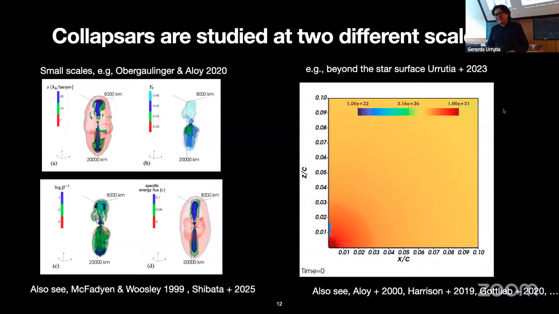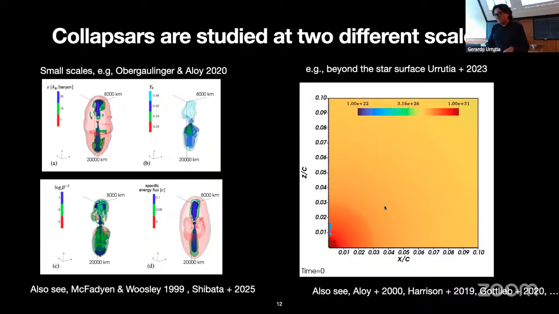These studies are mainly done in two separate ways. The simulations of this kind of studies are very challenging and computationally expensive. So far, people have been studying the launching of these jets and supernovae from collapsars, or from large scales.